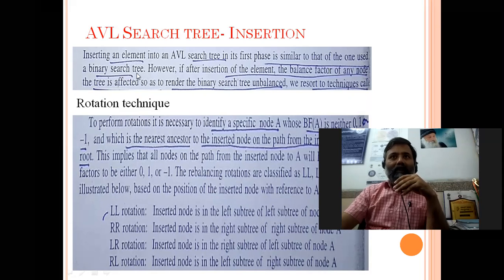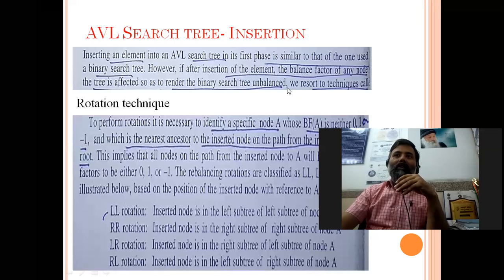But yes, in AVL search tree, we know that at each node, balance factor should be 0, 1 or minus 1. So if we apply the insertion operation similar to binary search tree, then our tree may become unbalanced.